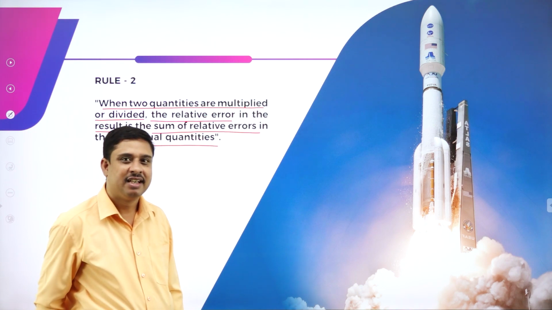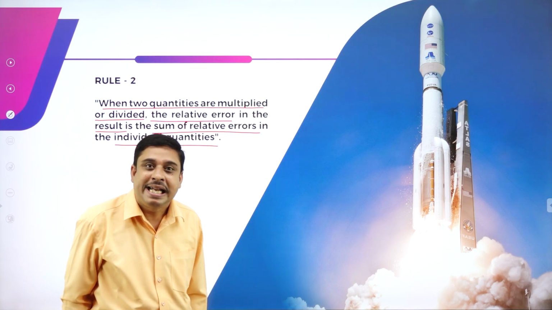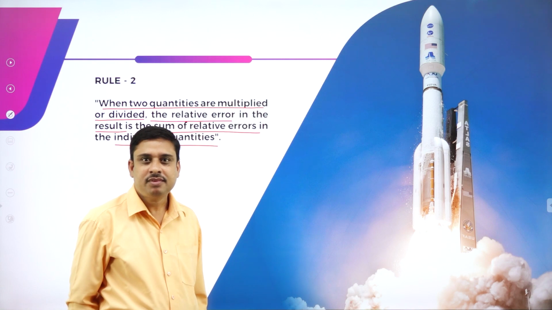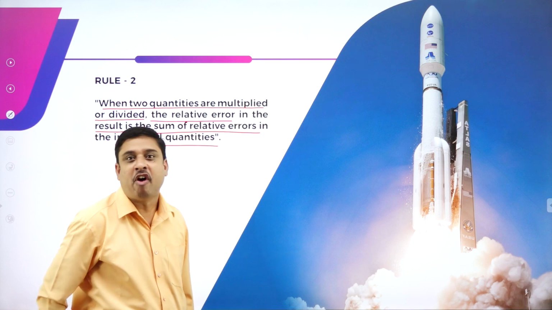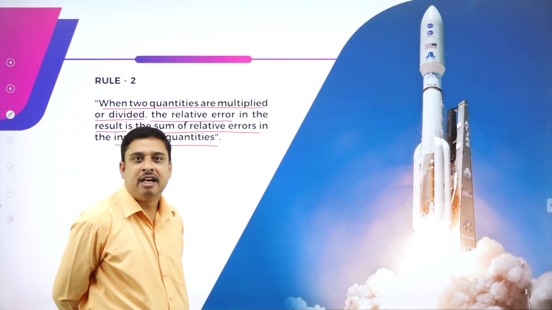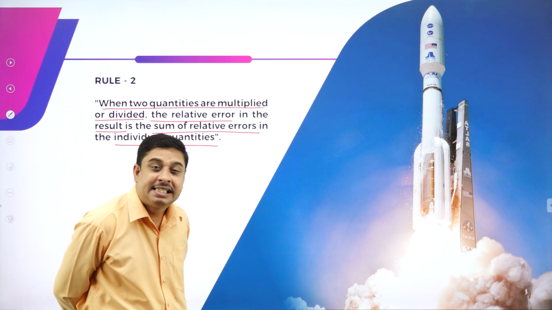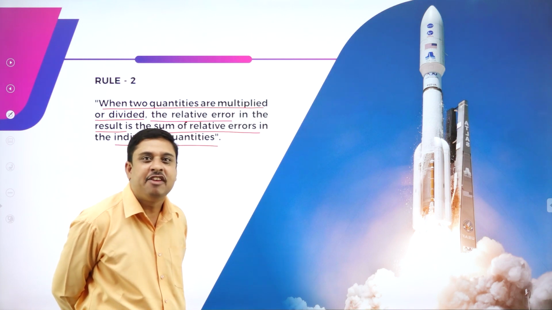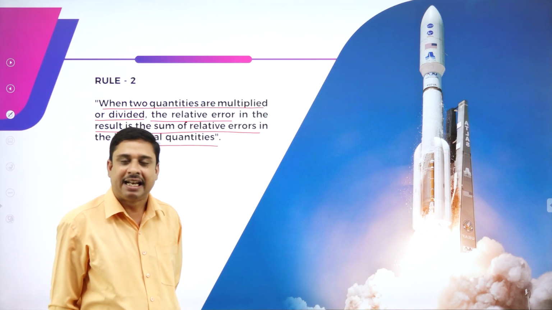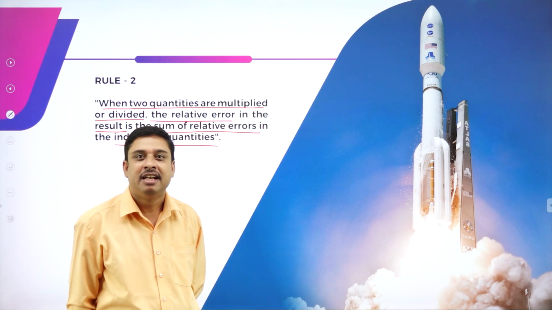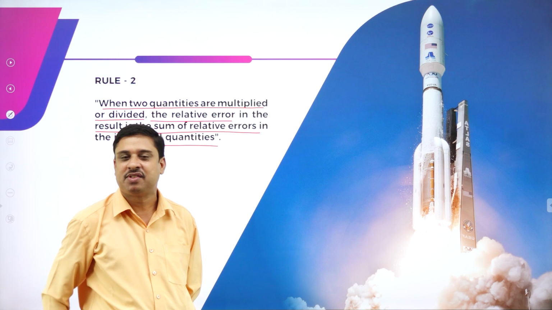How beautiful. See here, you may multiply or divide, irrespective of the operation performed, either multiplication or division. Still the error in the final result, what did I call that? The relative error is still the sum of the individual errors.